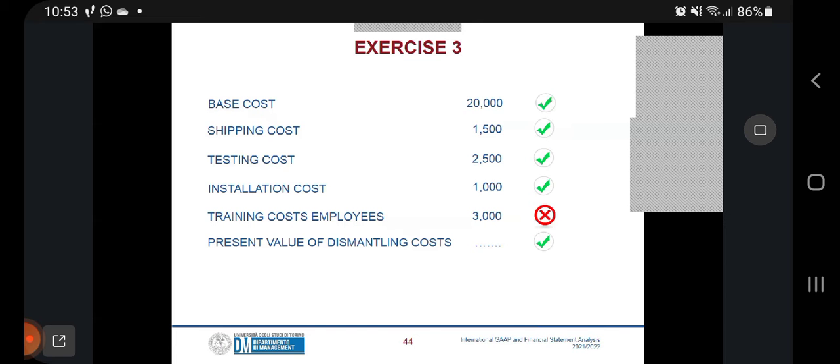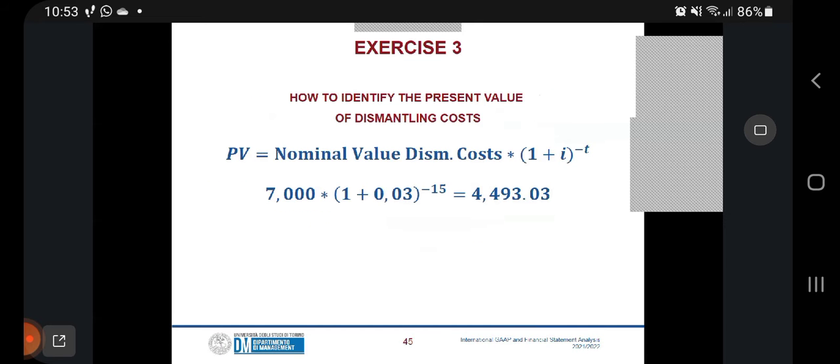How to do that? How to identify the present value of dismantling cost. Present value is equal to the nominal value of dismantling cost multiplied by 1 plus interest rate to the power of minus 15, that is, t.